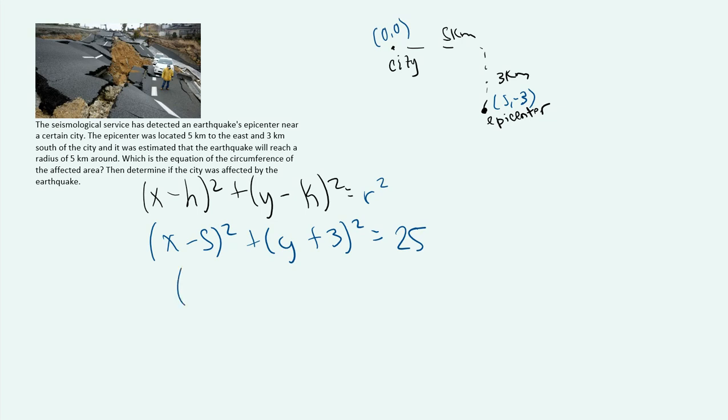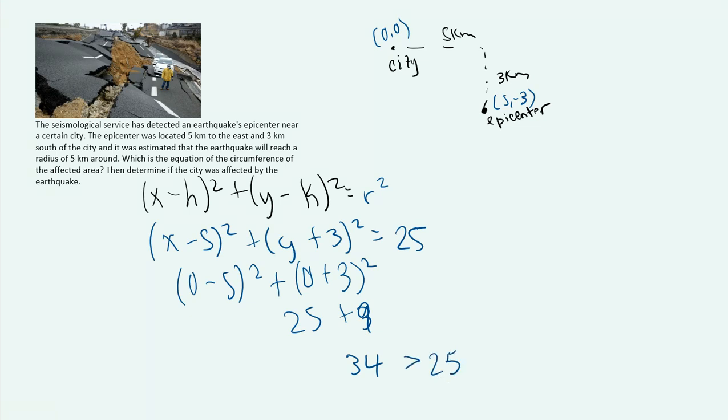So if we plug in 0 for our x and 0 for our y, we would get 25 plus 9, which is equal to 34. 34 is bigger than 25, which indicates that the city is on the outside of the epicenter's range.